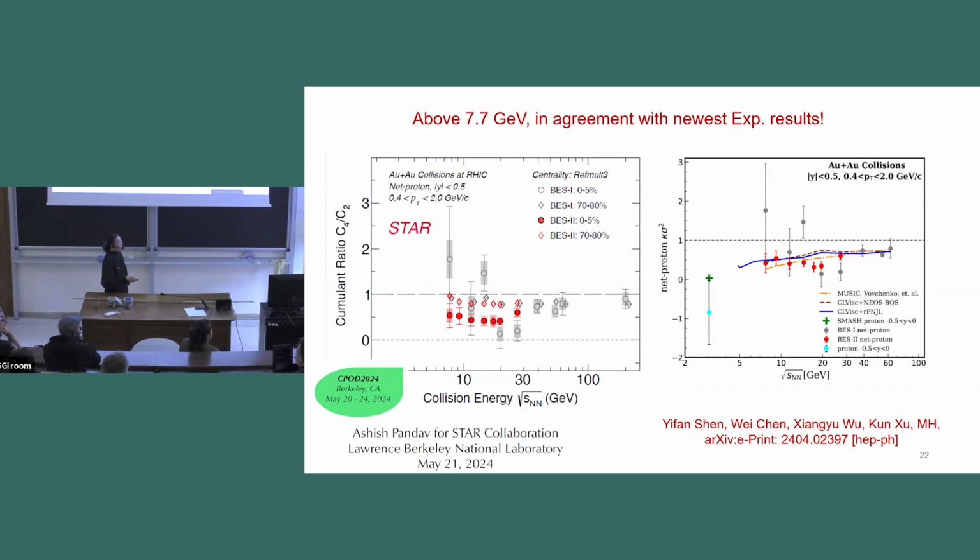So then we put it on arXiv. But the good news is that this STAR data appeared one month later, in agreement. So our results are in agreement with the data, except for this kink structure.